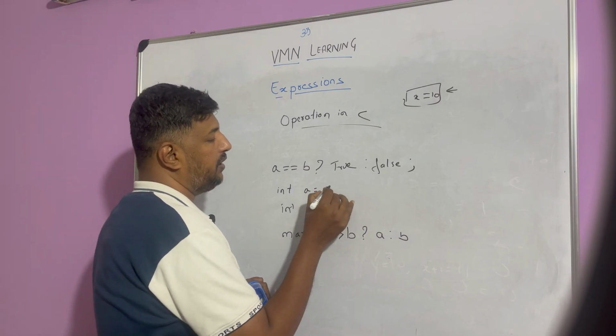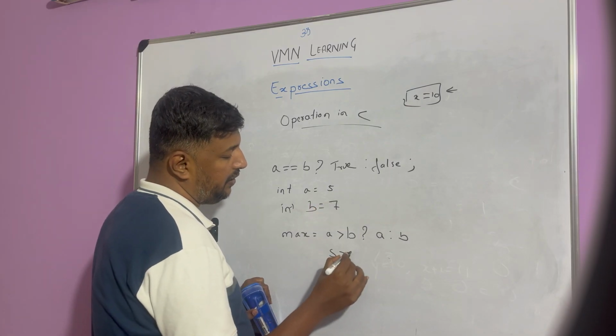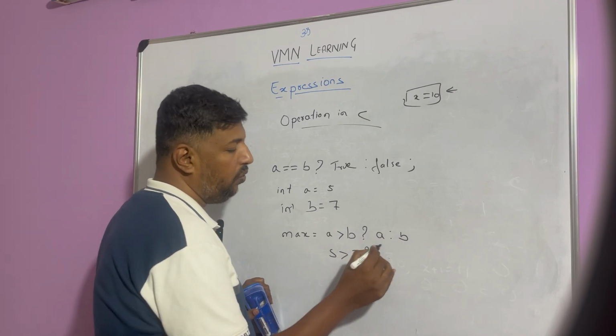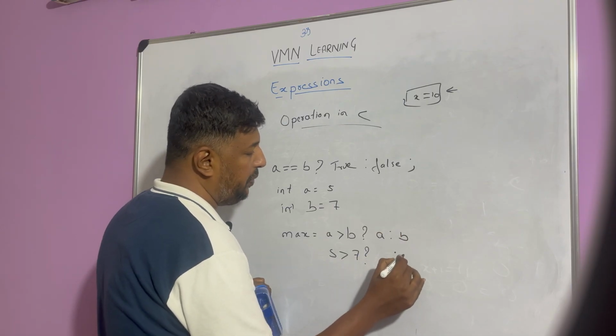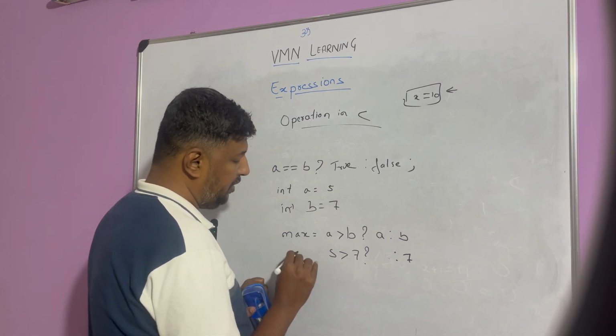So if I set 5 and 7, is 5 greater than 7? Is it true? No. Then the value will be B, it will go to B, that is 7. So the max is 7 here.